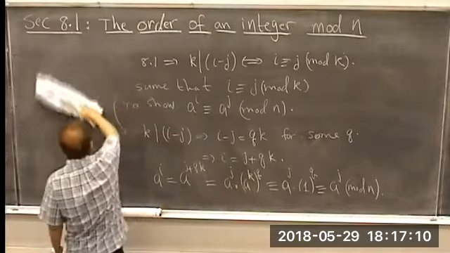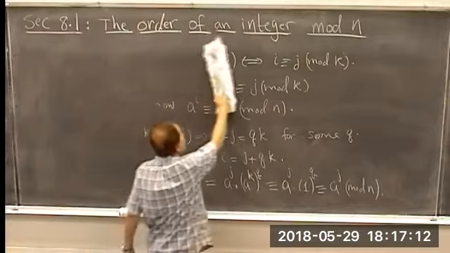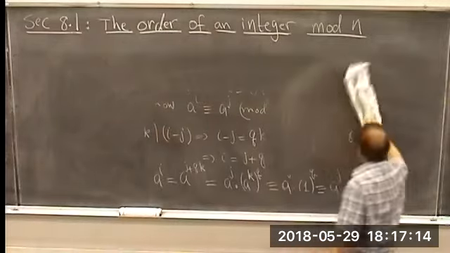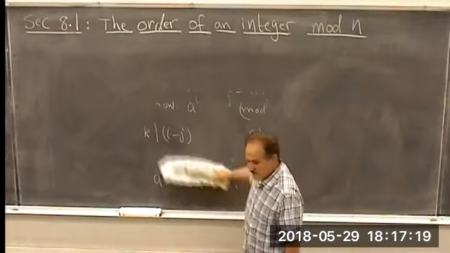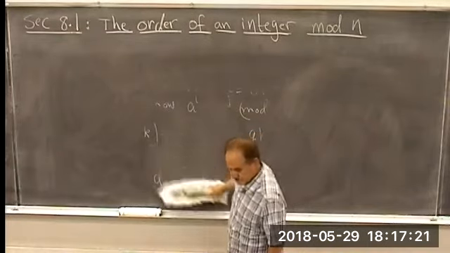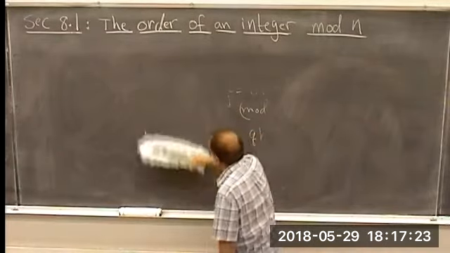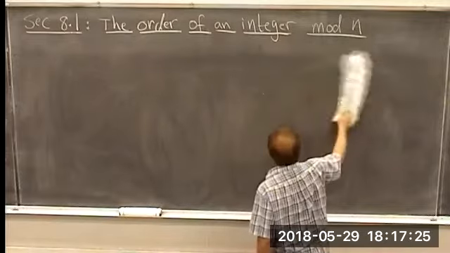all the exponents of a, they are going to be incongruent mod n. All right? So we write this corollary precisely.